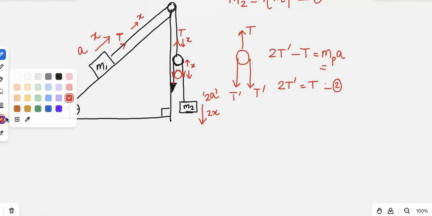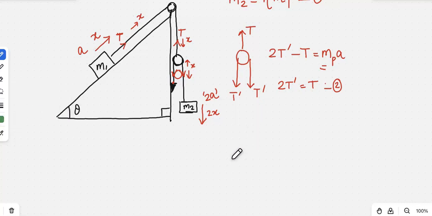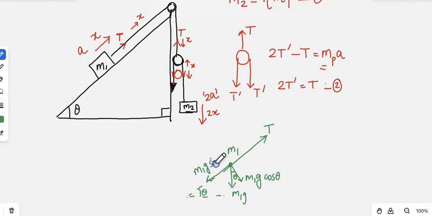Let's draw the free body diagram of both the masses. First, let me draw the free body diagram of m1. The tension is upwards along the plane like this. This is m1g, and then there will be the components. This angle is theta, so this component will be m1g cos theta and this component is m1g sin theta.